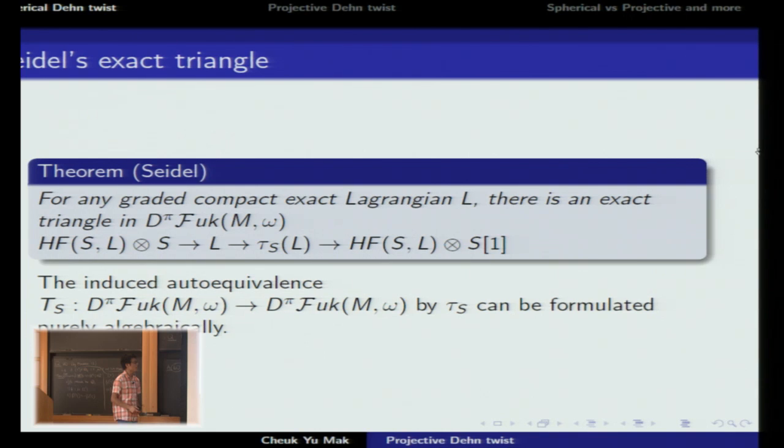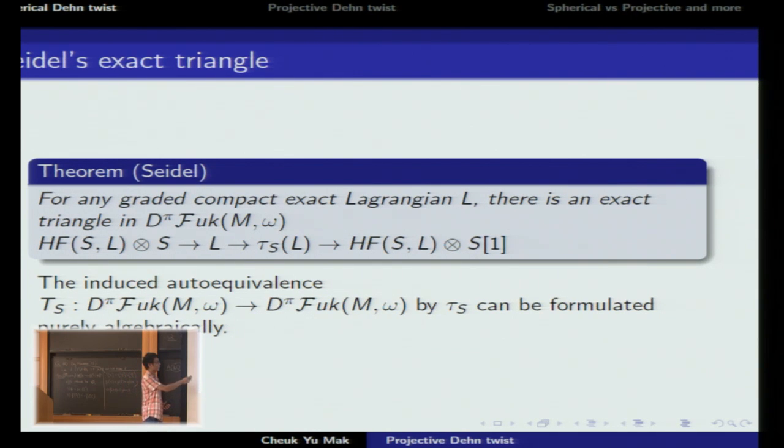Then Seidel proved that for exact Lagrangians, we have an exact triangle. Here L is the Lagrangian, and tau_S L is the Lagrangian after the Dehn twist. The derived Fukaya category has a triangulated structure, and this triangle induces a long exact sequence on cohomology.